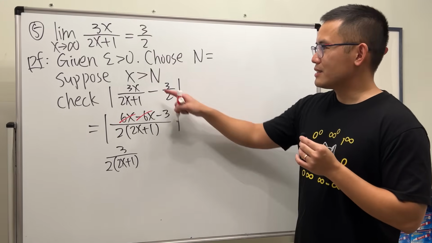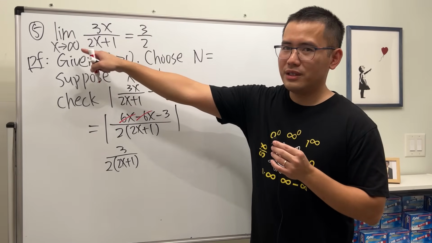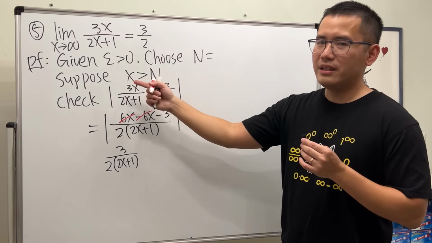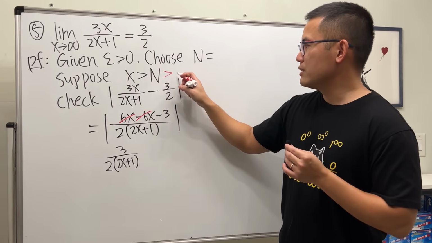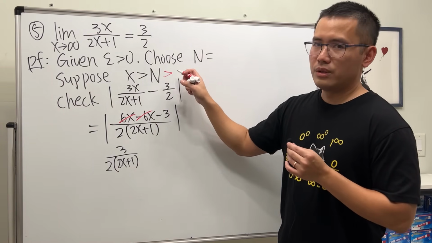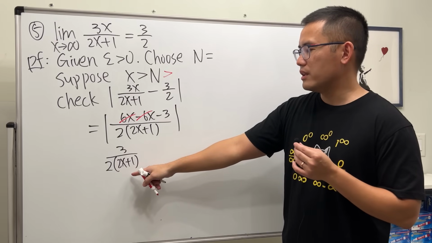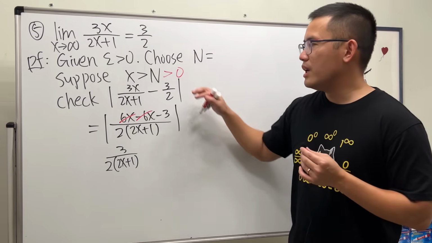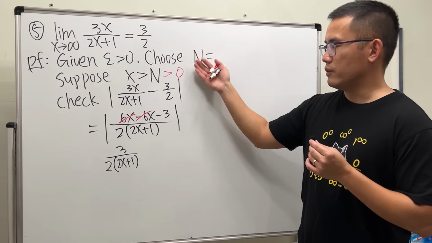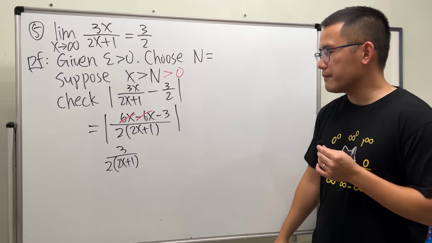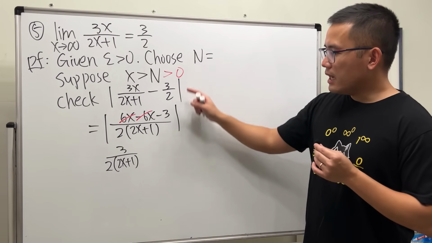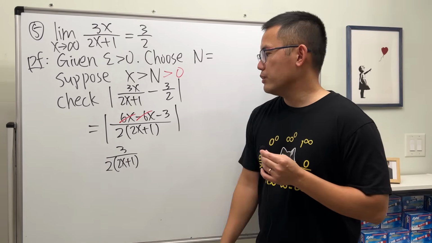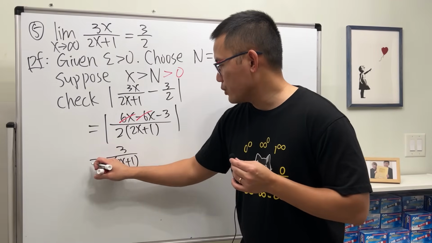No, because if x is approaching infinity, then you hope that x is big enough, right? So let's just put down this right here is greater than 0. But technically, as long as it's greater than negative 1/2, it's okay. But I'll still just put greater than 0. Because if this is greater than 0, of course it's greater than negative 1/2. With that being said, we don't need absolute value, and this is equal to that.